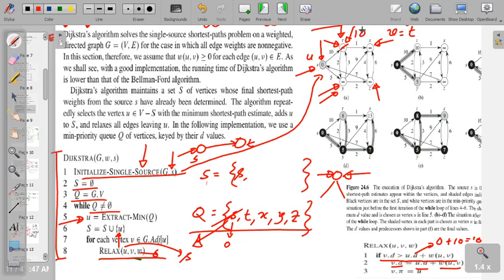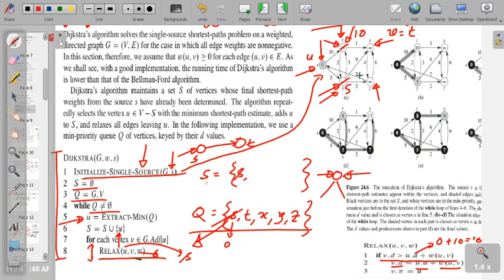Similarly, this Y, so for each vertex V adjacent to U, U is this S. Adjacent to this U, from the adjacency list representation, I'll get which nodes are adjacent to this U. And then this one will be replaced with how much? 5.